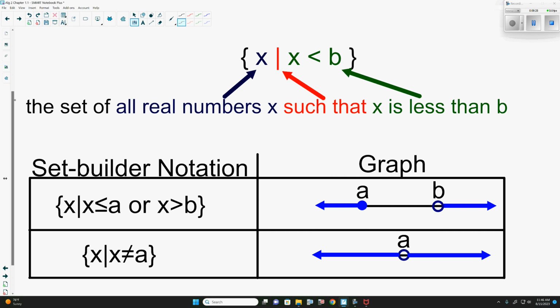So when we look at writing in set builder, the first thing that we will always have is 2 braces. So guys, you'll definitely need to write this down, especially on the back. Set builder notation will always have braces to start and end it.